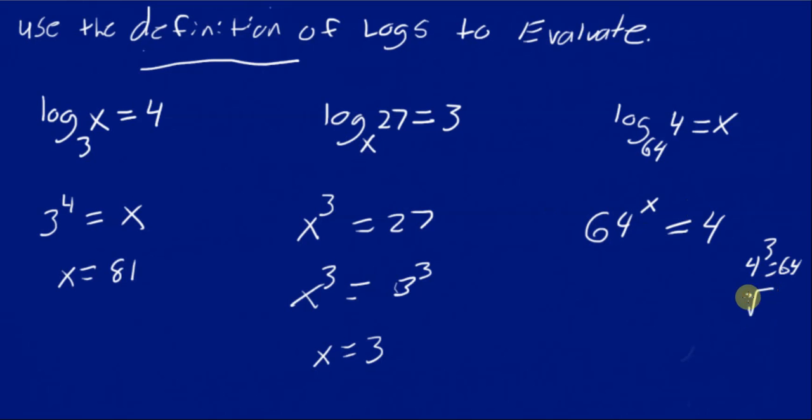So if I take the cube root of 64, that is equal to 4. Well, how do I write a radical as an exponent? That is going to be as a rational exponent. So 64 to the 1/3 is equal to 4, or x is equal to 1/3.